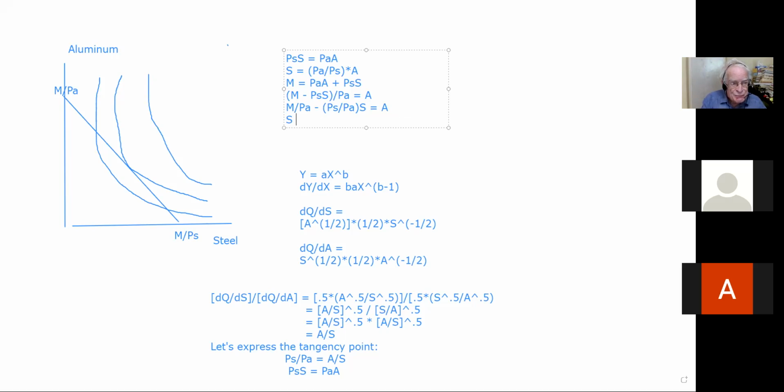Okay, and now you can substitute this expression for A into our function for S.